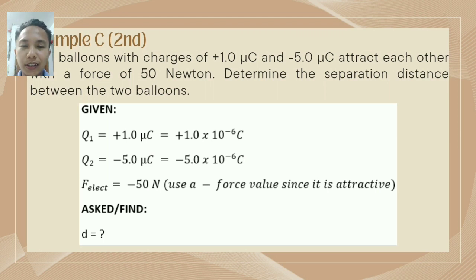And the final quantity of charge is equal to negative 5.0 microcoulombs, which is converted into coulombs, and thus it is equal to negative 5.0 times 10 to the power of negative 6 coulombs. For the electrostatic force, we need to use a negative force value since the two oppositely charged quantities attract one another, and thus we need to use negative 50 newtons.